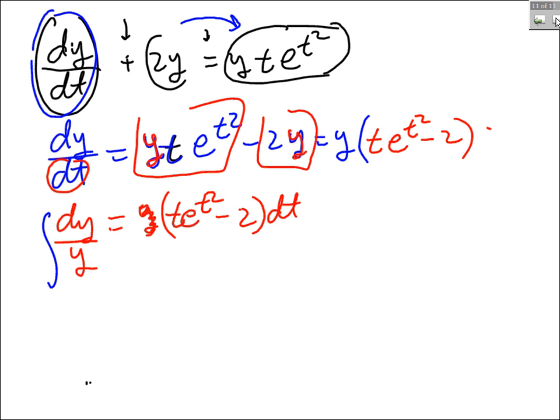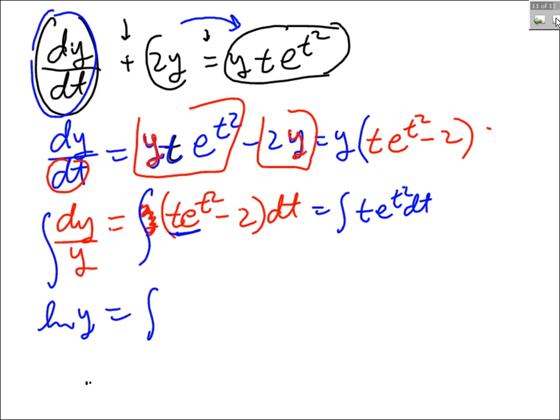Well, first, let's say the integrals. The integral of dy over y is just ln of y equals. Now this integral I can think of as two integrals. Integral of that dt minus the integral of 2 dt.